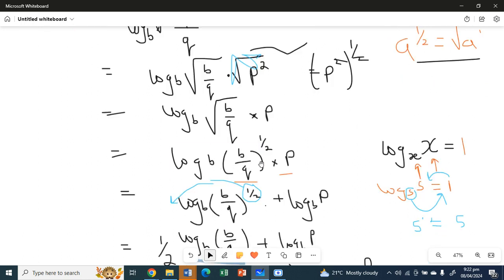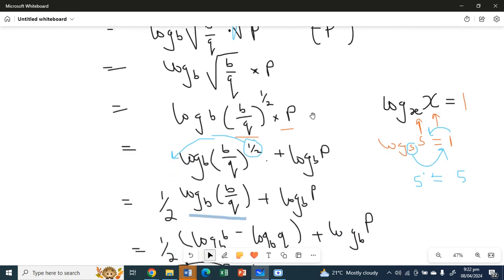So now since we've got two distinct terms attached to each other, b over q to the power half multiplied by p, we can first apply the product rule. When we apply the product rule, it becomes log b over q to the power half plus log bp.